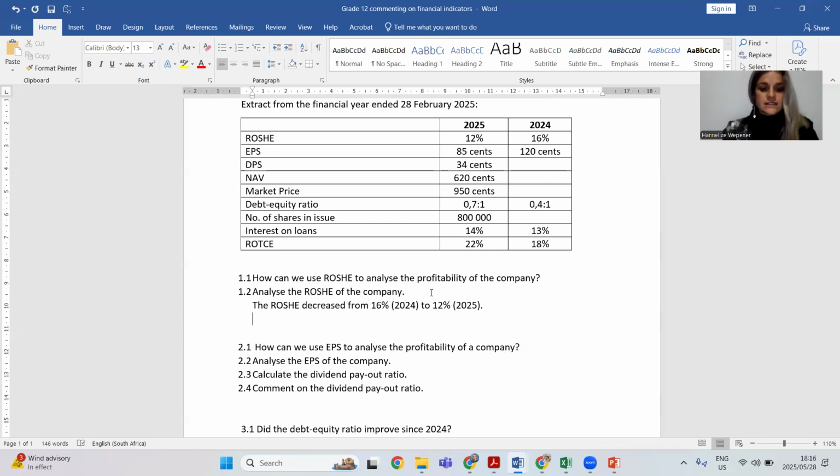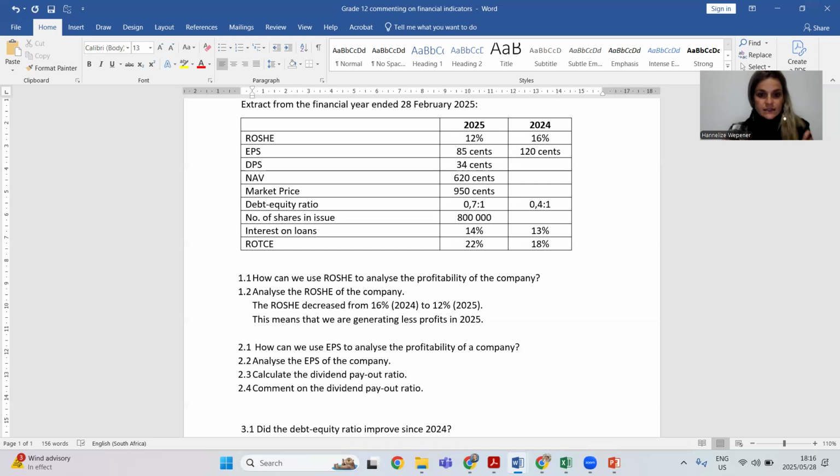And then you are going to say that this means that we are generating less profits in 2025. Okay, so we have been able to generate less profits, less returns, because returns is then your profit. So we've been able to generate less returns in the current financial year.